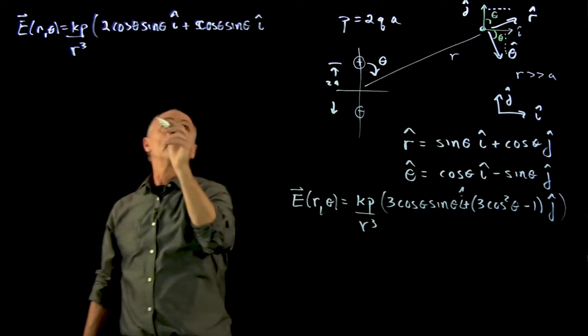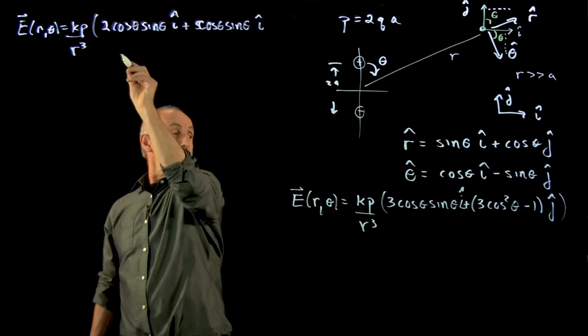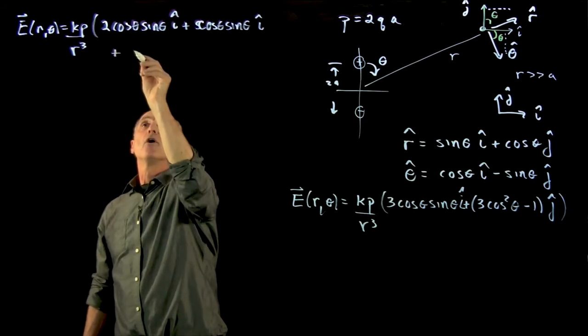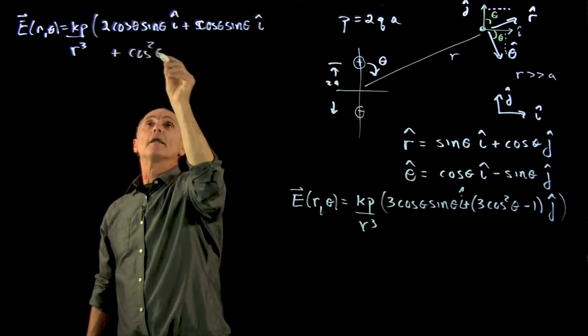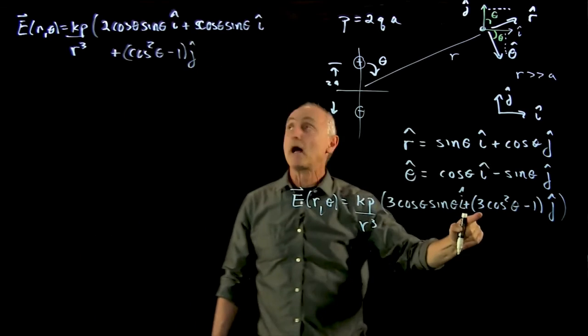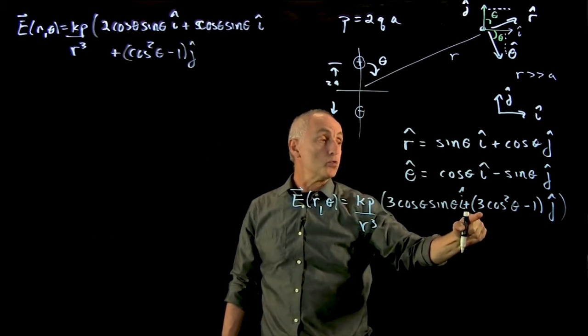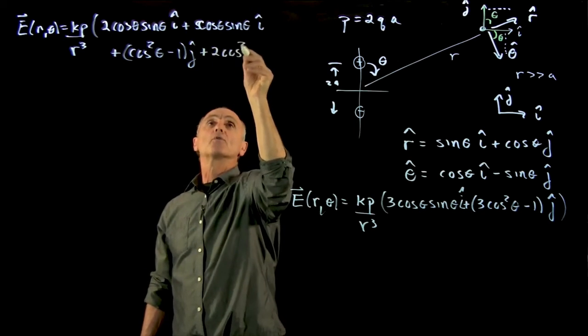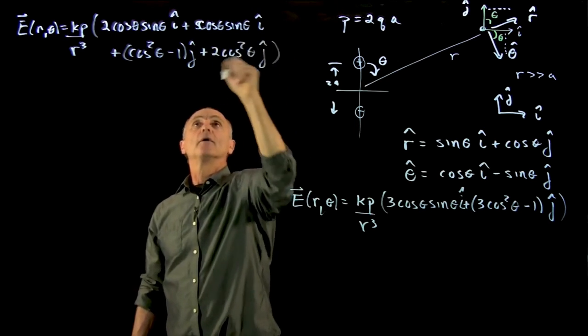And I'll have a second term, which I'm going to write as cosine squared theta minus 1 j hat. But I'm still missing a factor 2 in here. So I have a 2 cosine squared theta j hat.